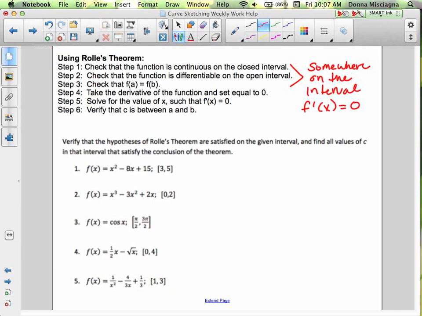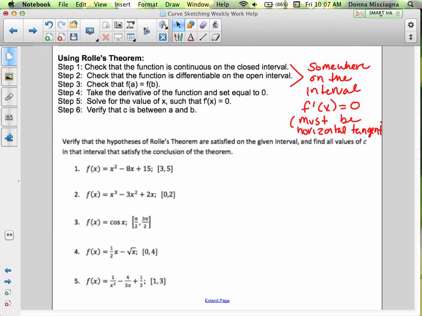There has to be a horizontal tangent. If I leave a point and I go somewhere and I come back to the same point, at some place I turned around. So that's all Rolle's theorem is really saying in a nutshell.